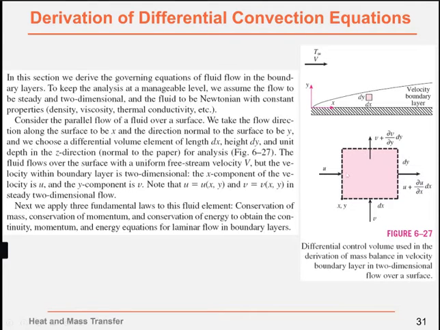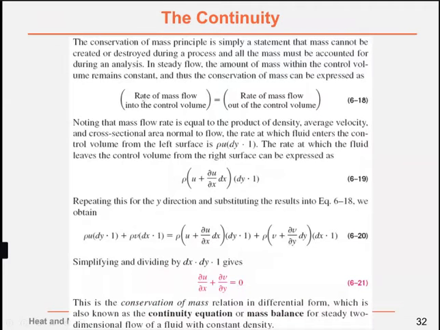As the fluid flows from the left to the right, the velocity changes from v to v plus partial v partial y dy. You calculate the mass balance using the rate of mass flow into the control volume equals the rate of mass flow out of the control volume.